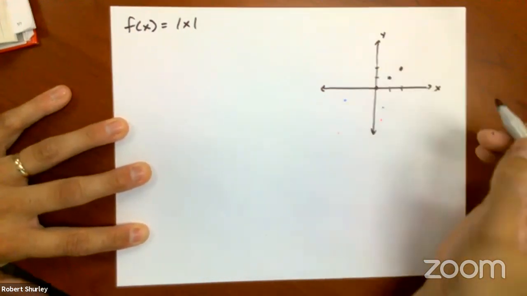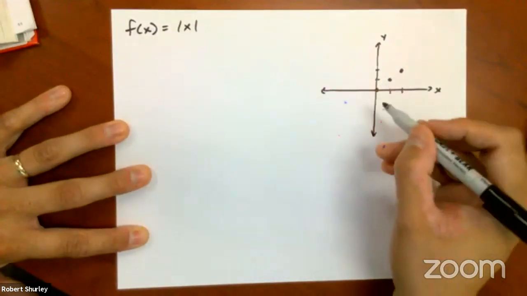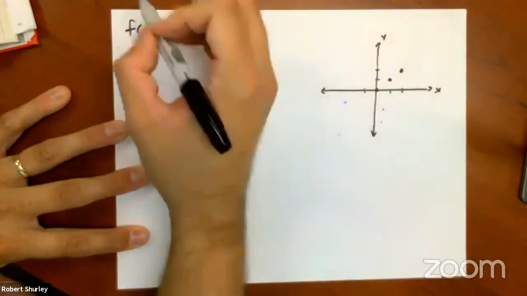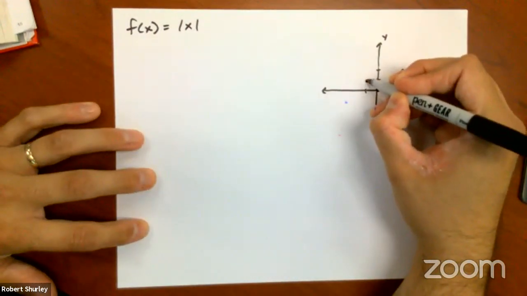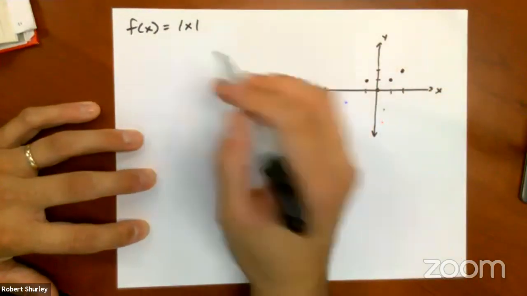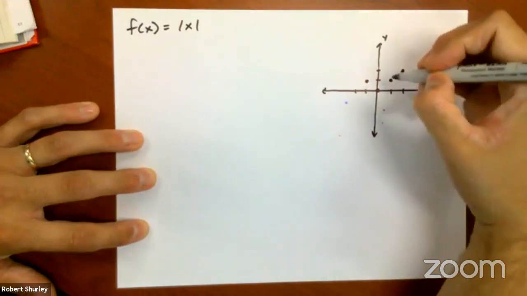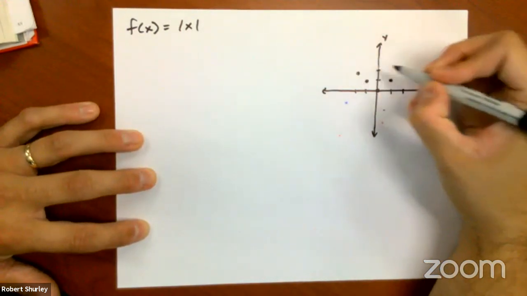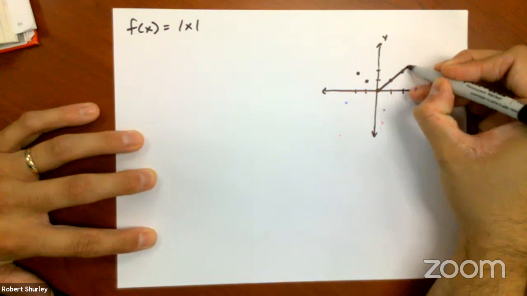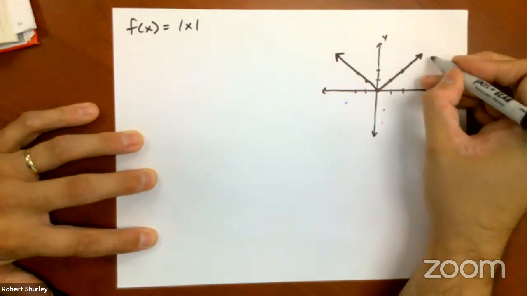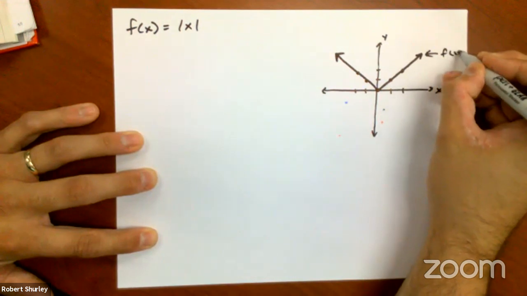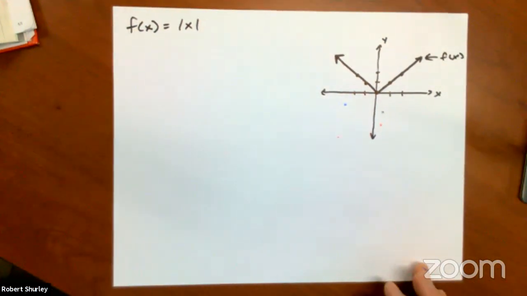It's going to be symmetric around the y-axis. So if I put in negative 1, we know the absolute value of negative 1 is a positive 1, right? Because it's the distance from 0. And then negative 2, same exact thing. Negative 2, we get back a positive 2. So the original function, or the parent function, looks like this. That is f of x, okay?